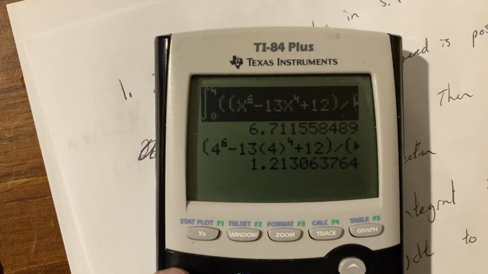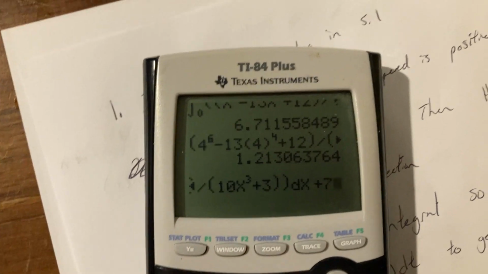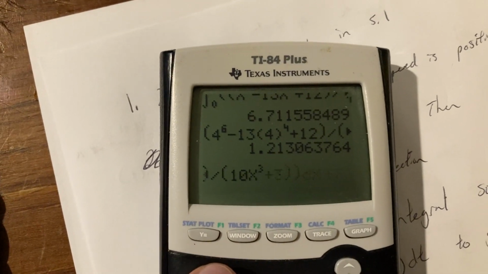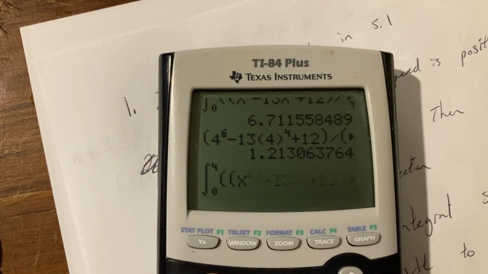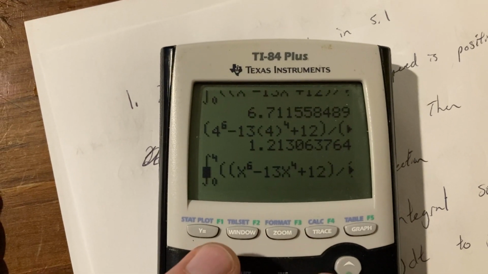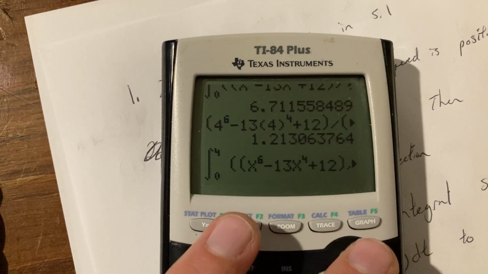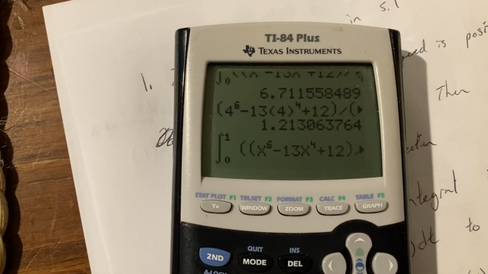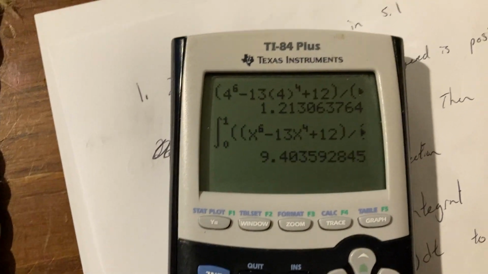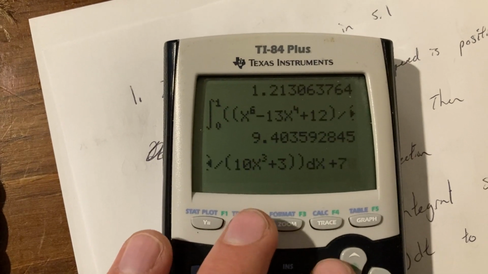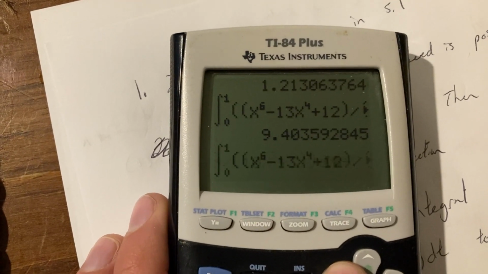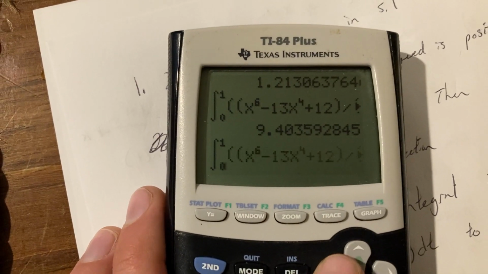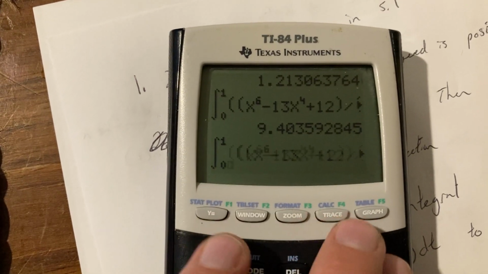Is the integral of this ever greater than 7? So I'm just going to scroll back up so I don't have to type it all in again. With that plus 7 in there, does this integral ever reach anything greater? So we'll change it to 1 and let's see. Beautiful. We could have guessed at 2 or at 3.